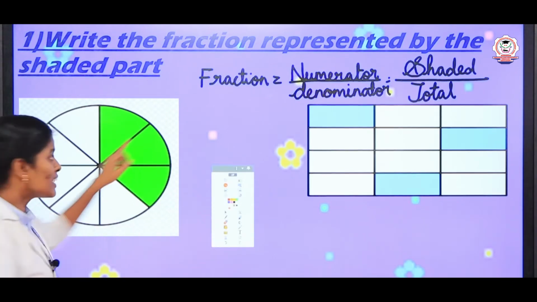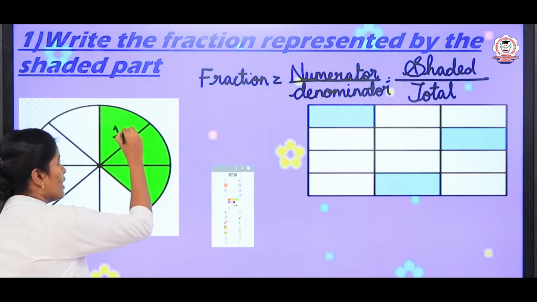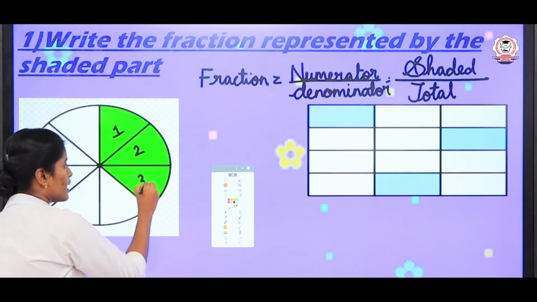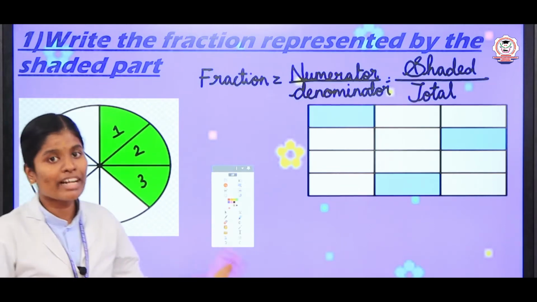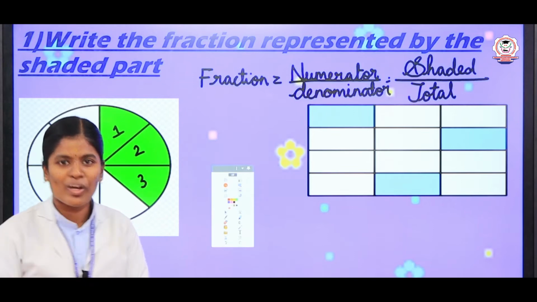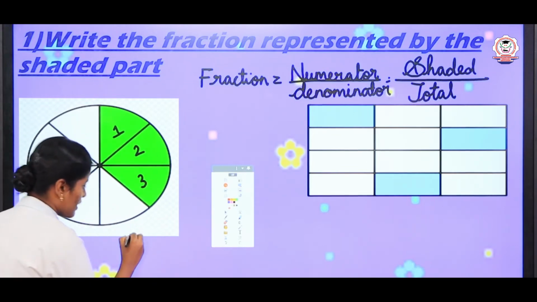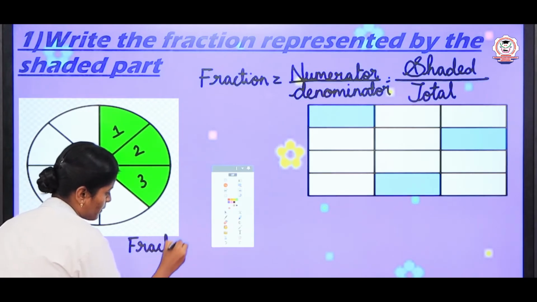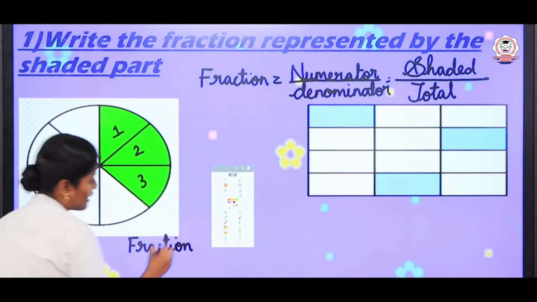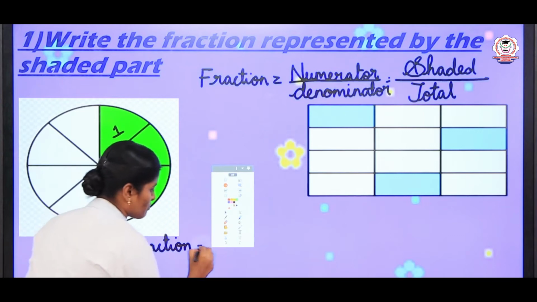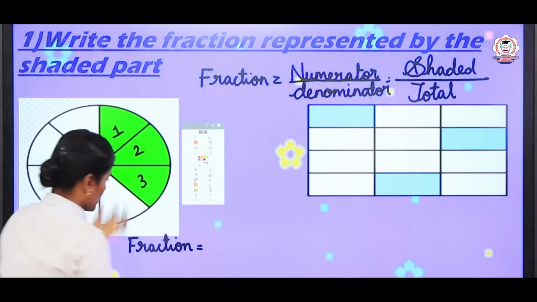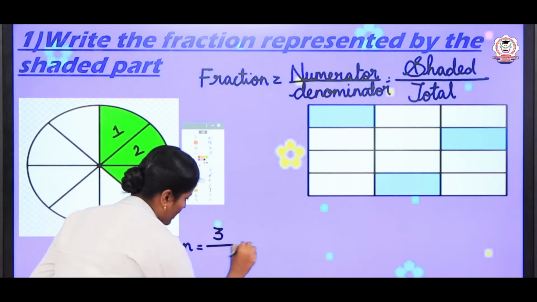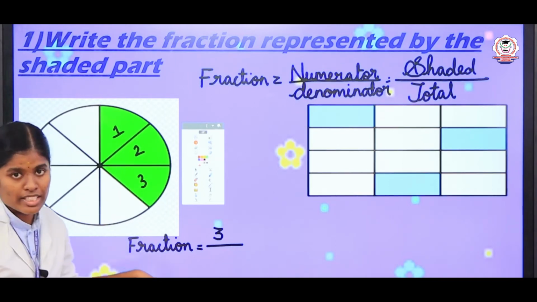Totally, here 3 parts are shaded: 1, 2, 3. Now tell me Krish, what is the fraction value here? Very good. The fraction is 3 divided by the total number of parts.